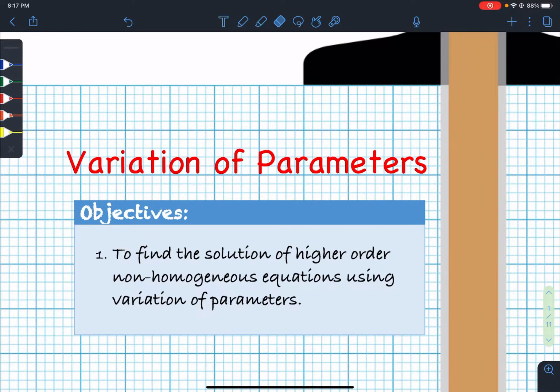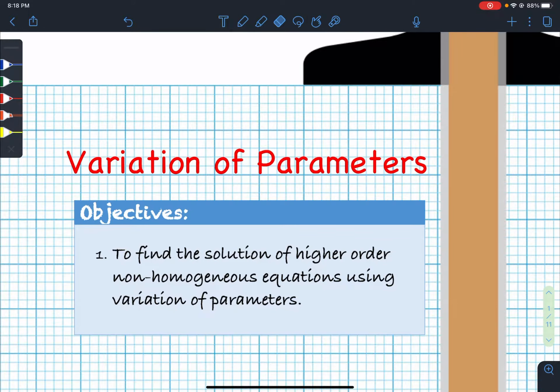However, it could resolve a given higher order differential equation, given that the resulting integrand or resulting function is integrable.